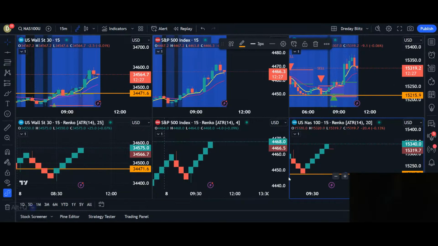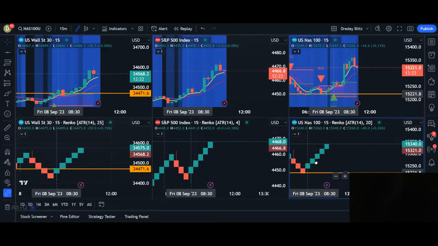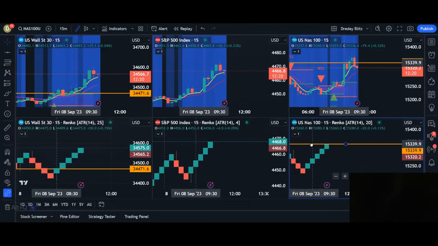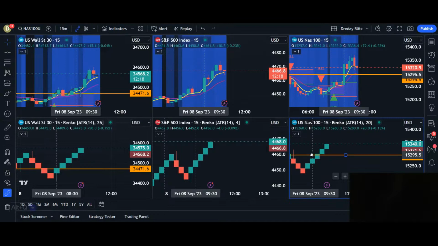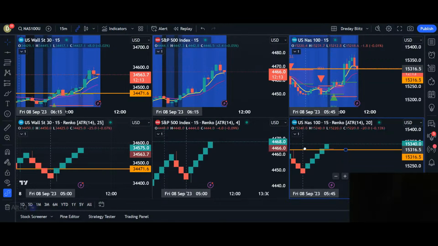So for this trade, I would have put my trailing right here.